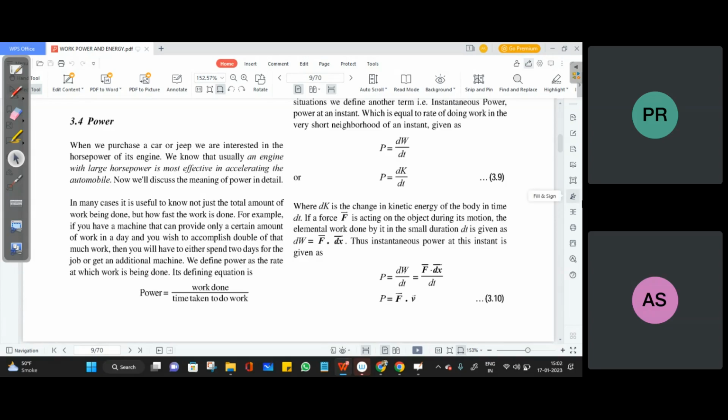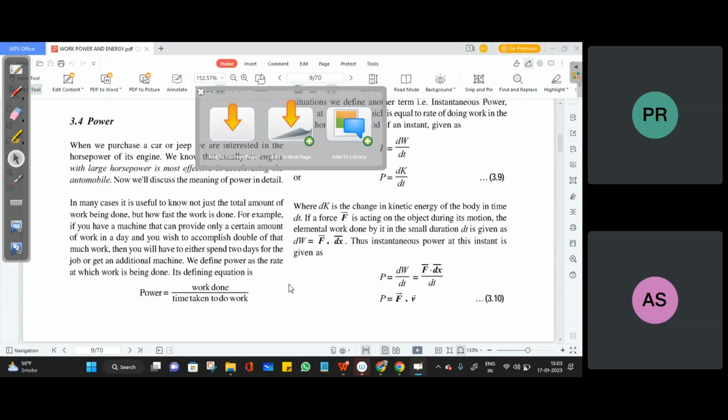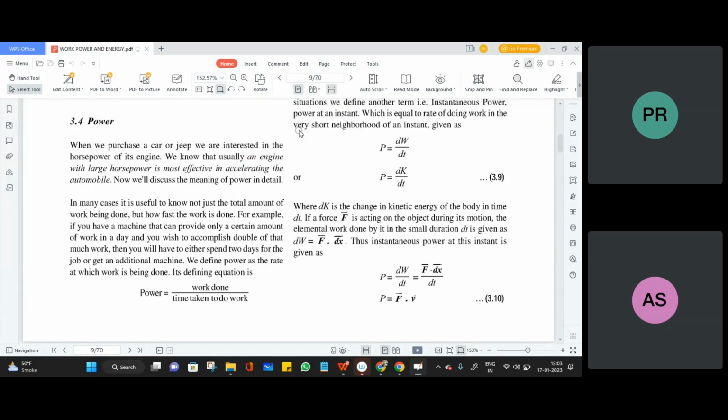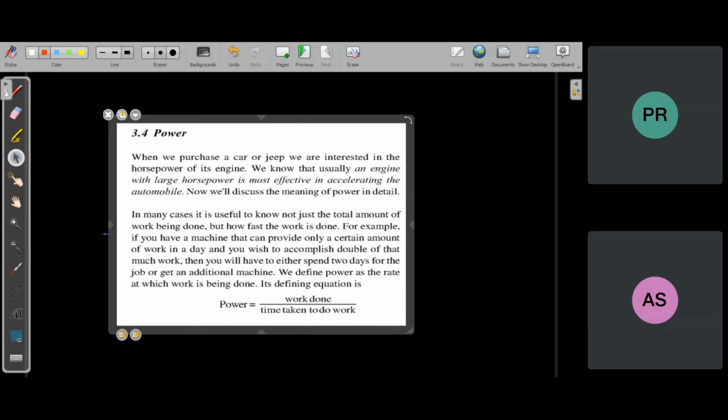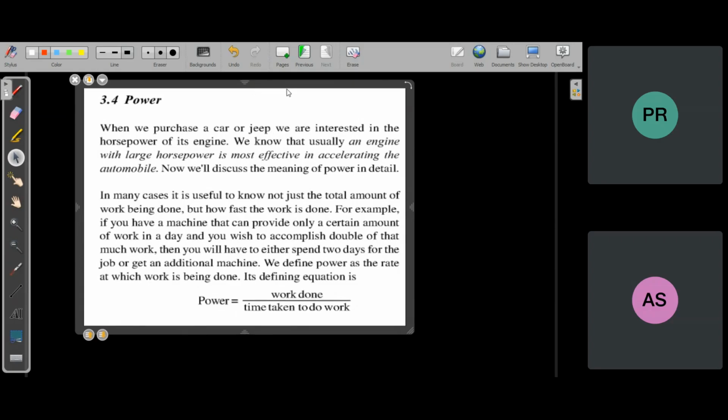Now it depends on the reference. Where you take the reference, so that you will get the values of potential energy at different points. Reference, we take that point where potential energy we choose as zero. We say okay, here let's take it as zero, and then taking that as the reference, we calculate.